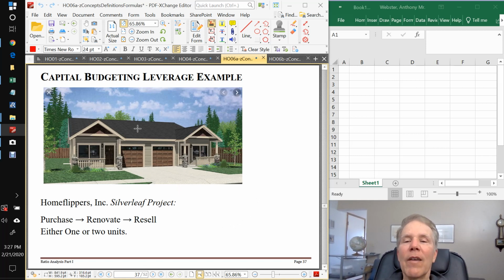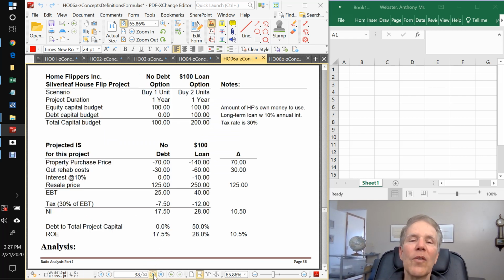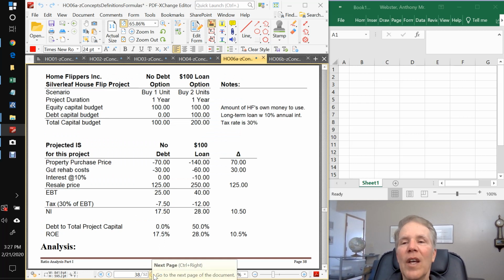We happen to have enough of our own cash, that would be our equity investment, to buy 1 unit. So if we want to do this for 2, we're going to have to take out a loan to get us enough money to buy both units. And we compared those. We also had an in-class example on this.